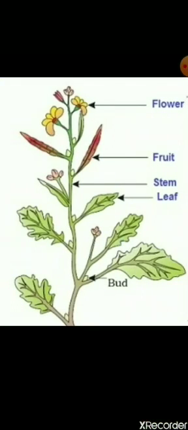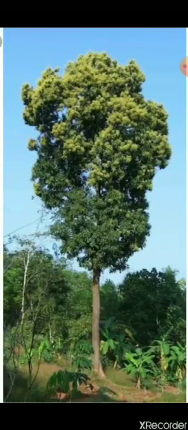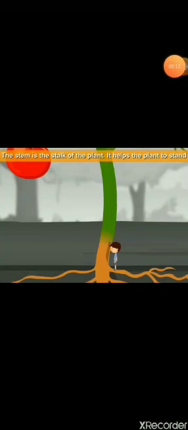Number 1, stem. Stem is a part of a shoot that bears leaves, buds, flowers and fruits. Small plants have soft and weak stem, while big plants have hard and woody stem. This hard and woody stem is called trunk.